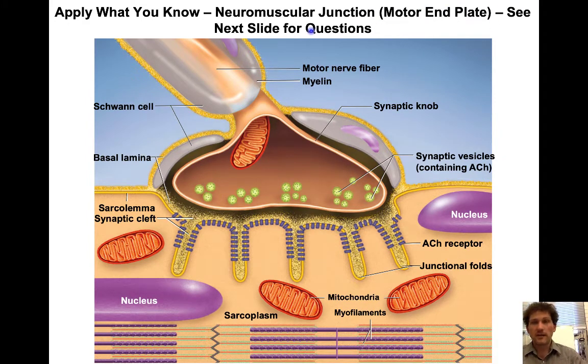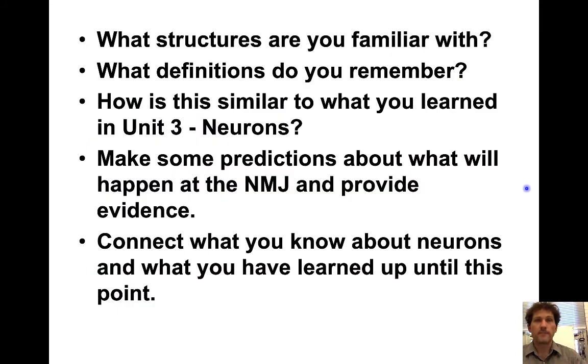On the next slide, I've got a bunch of questions. So be looking at all of the structures here. What do they do? How are they involved? What is their functionality? What are you familiar with? What definitions do you remember? Can you write them out? How's this similar to Unit 3? How does Unit 4 tie in here?